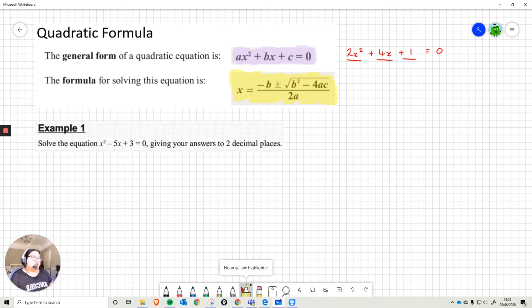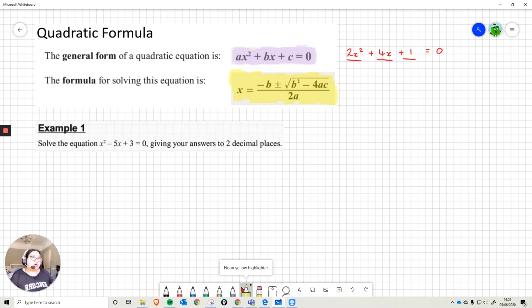If you use it on a non-calculator paper, you would have to be able to do all these calculations without a calculator. Now, the biggest giveaway to indicate that we use the quadratic formula is how the question is worded. So if we look at the first example, it says here, solve the equation x squared minus 5x plus 3 equals 0, giving your answers to two decimal places.